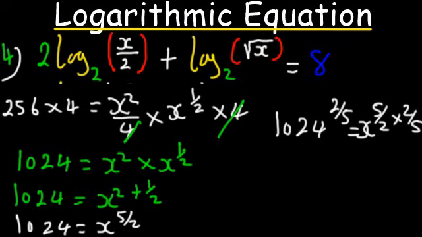On the right hand side, 5 over 2 cancels 2 over 5, and what is left over is x equals 1024 raised to the power of 2 over 5.